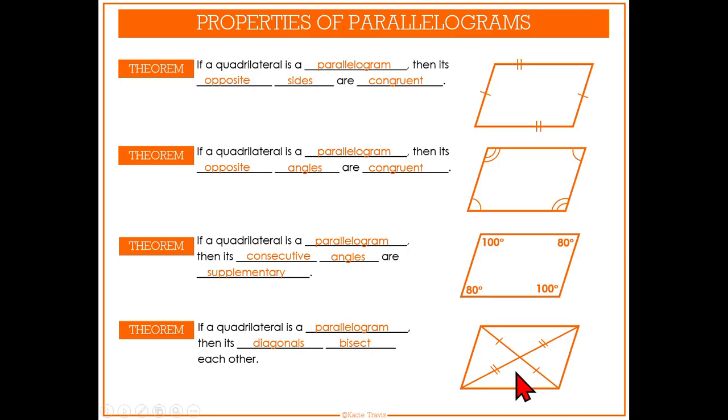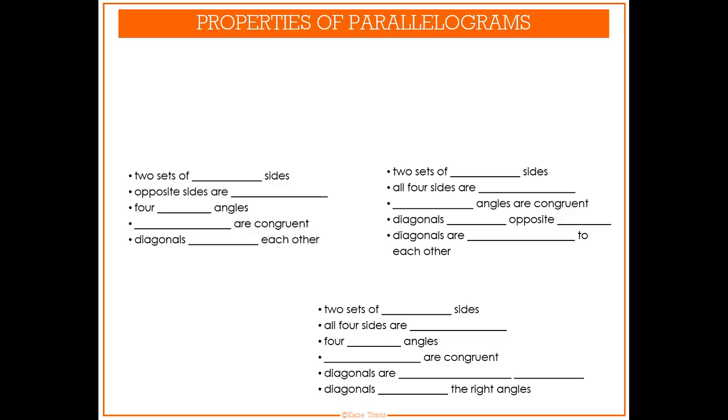Okay? So these are all for any parallelogram, but if you remember from our last lesson, our parallelogram has quite a big family tree that we got to talk about. Now, all of these shapes are parallelograms, so let's go through and talk about our first one, the rectangle. A rectangle has two sets of parallel lines.